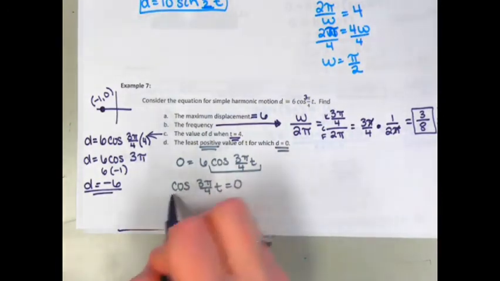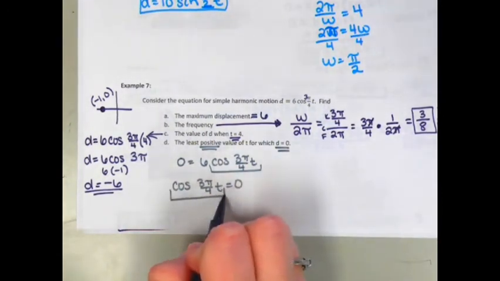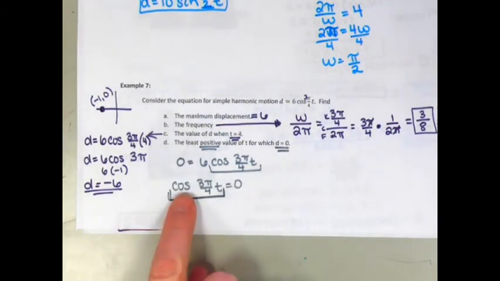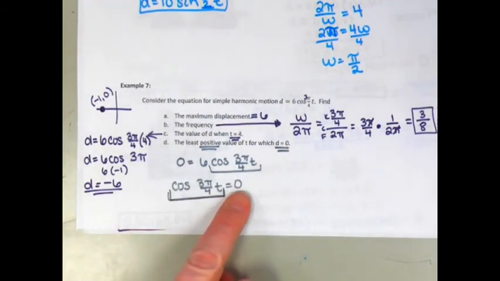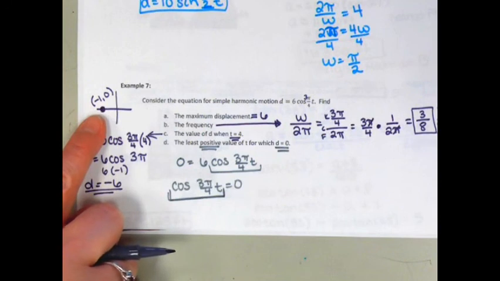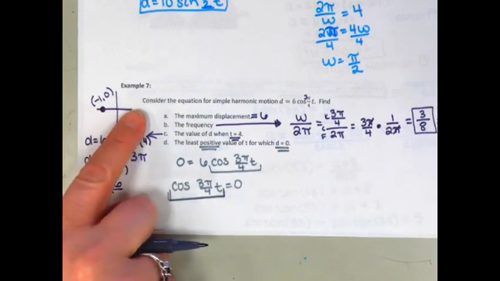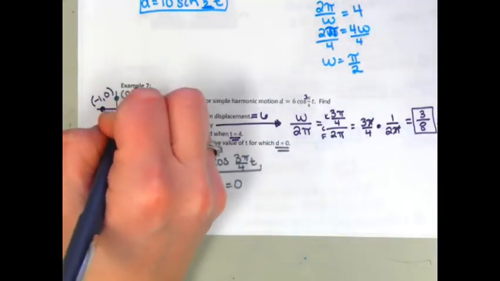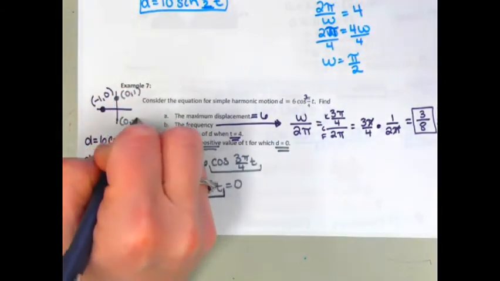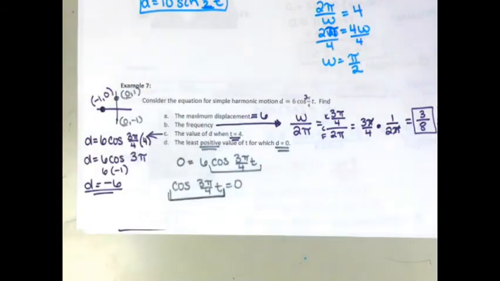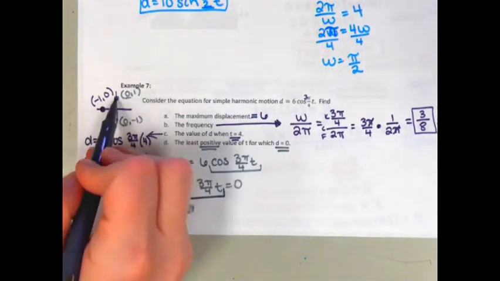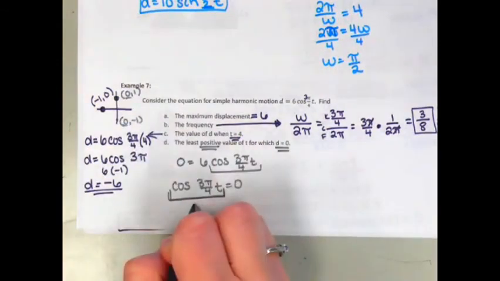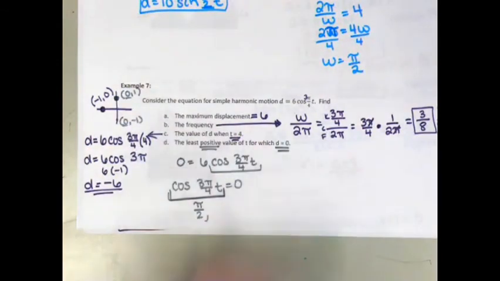Let's think about this. I'm not even worrying about this right now: when is the cosine equal to 0? At what values? Is it at pi? Is it at 2 pi? No, but if I'm looking at 0, 1, 0, -1, is my cosine 0? Yes. So where is this? This is at pi over 2, isn't it?